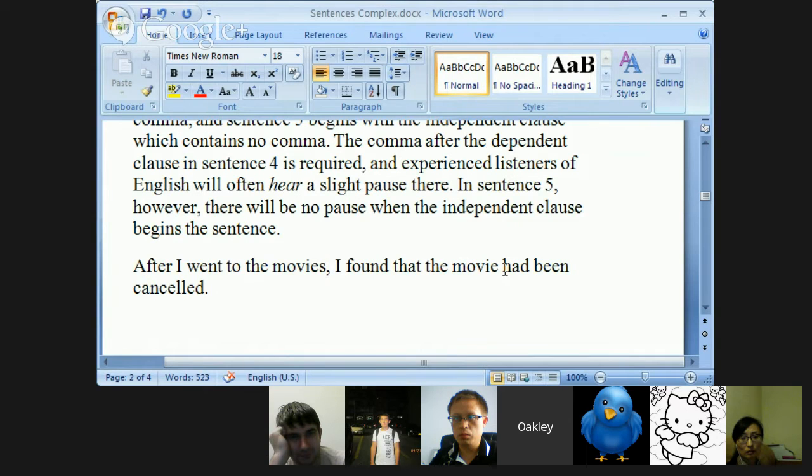Okay. Yes, this is fine. I found that the movie had been canceled. Right. This is definitely the first clause is definitely a dependent clause. After I went to the movies, comma is correct.